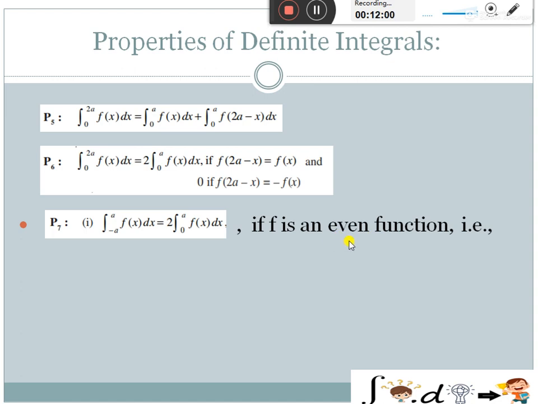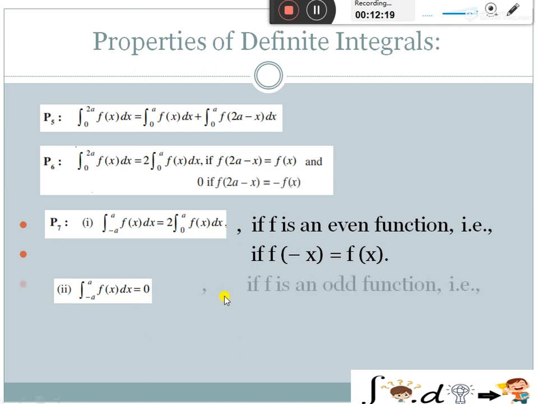Even function means f of minus x is equal to fx. If it is an even function, then its value is equal to twice of 0 to a fx dx, and its value is equal to 0 if fx is an odd function. Odd function means we have f of minus x is equal to minus fx.